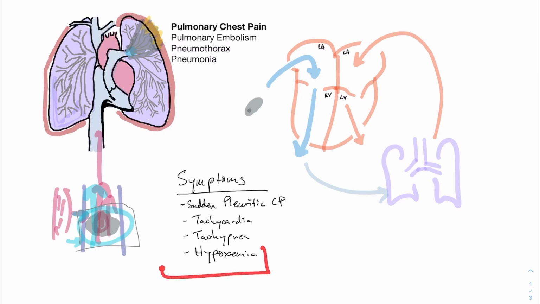Now, hypoxemia falls in the same line. You have a part of your lung that is basically infarcted, or it's basically dying because there's no blood going to it. And so what happens is your lung is still sending some air into that area, so you're still trying to oxygenate through that area, but there's no blood flowing there.